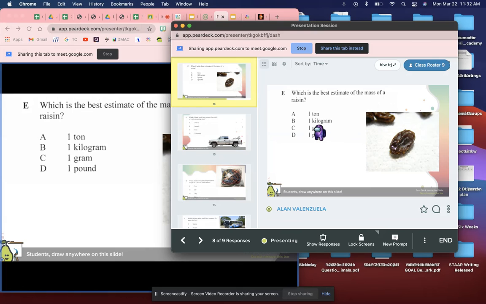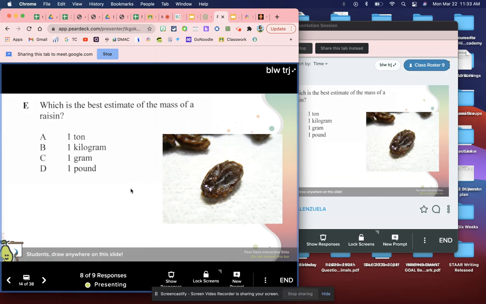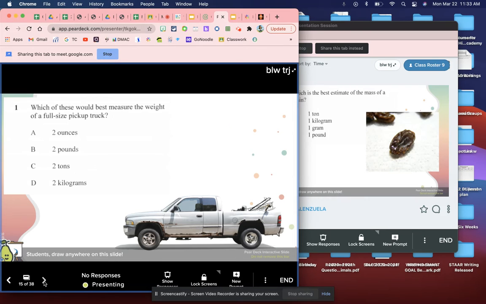Kilogram, remember, kilo de tortillas. 1 kilo de tortillas, that's too heavy for 1 raisin. 1 gram, 1 paper clip, or 1 pound. I was telling Braulio, 1 pound is like a chicken. Too heavy, right? For a raisin. So the best answer would be 1 gram. Un gramo, right? It's the correct response.